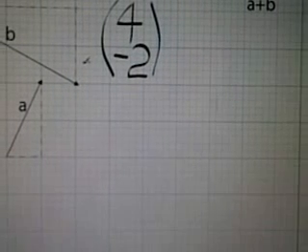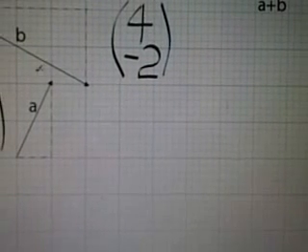Now, you've already worked this out using the calculations. Let us look at what happens when we add them graphically. Take, for example, if we were to move A, put it here, and then we're adding B to it.